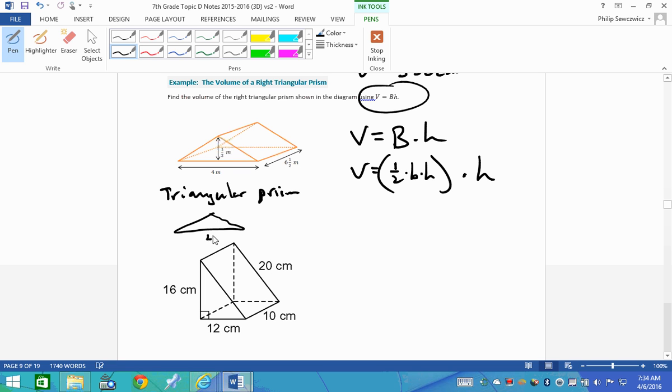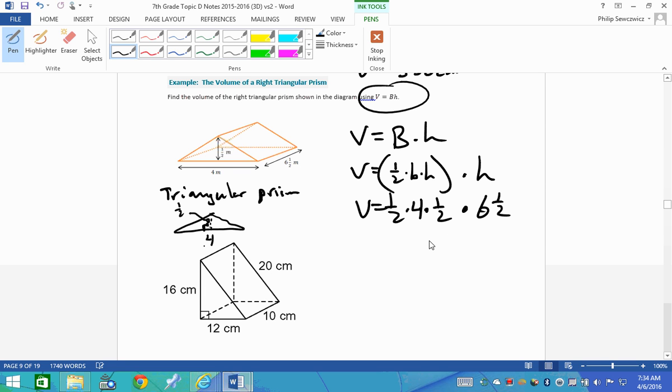So that's a 4, and that's telling you that is a 1/2 right there. We can see that forms the right angle. So 1/2 of the base times the height. So a 1/2 times 4 times, and then a half here, and then the height of the actual prism. Remember, the height actually connects the two bases together, so it's a 6.5.